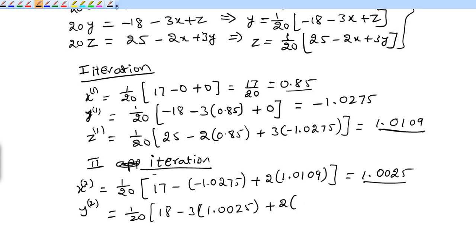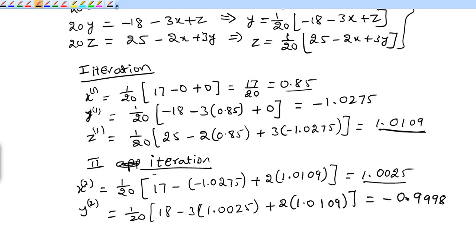Z means this value 1.0109. Now if you simplify this, we get minus 0.9998. See here in numerical method you have to take 4 decimals.